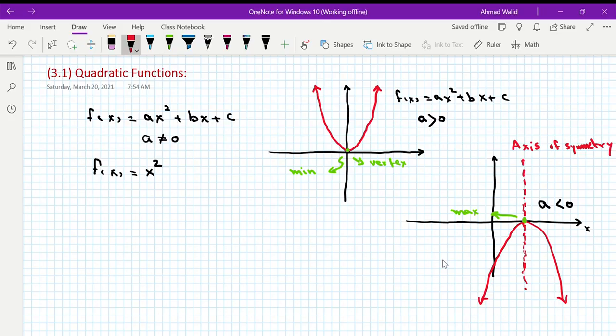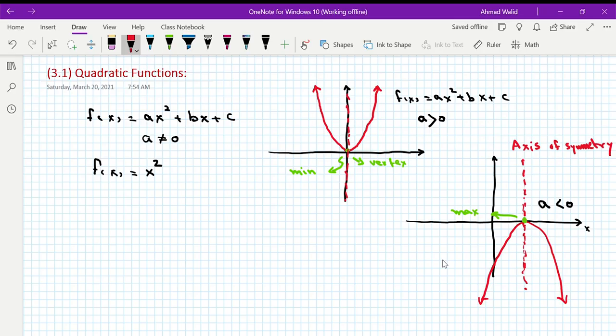Here in the first graph, your y-axis is actually the axis of symmetry. The axis of symmetry is a line that passes through the vertex, and if you look at the two sides of the graph based on this line, they are symmetric to each other. Correct? These are the basic information about a quadratic function.